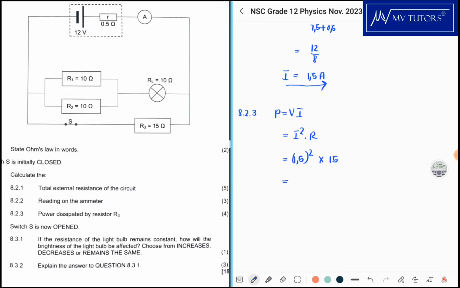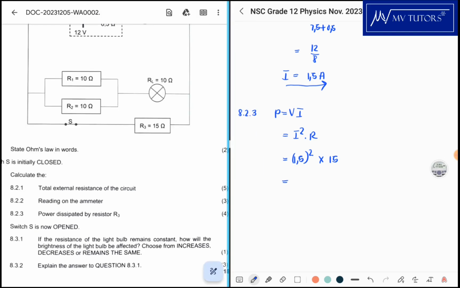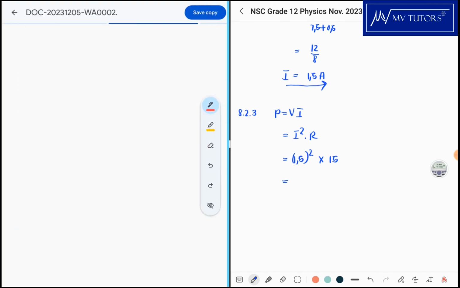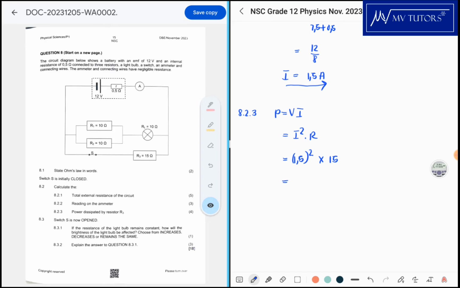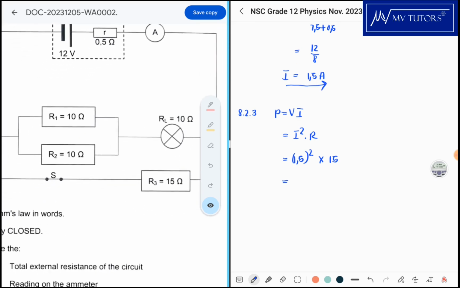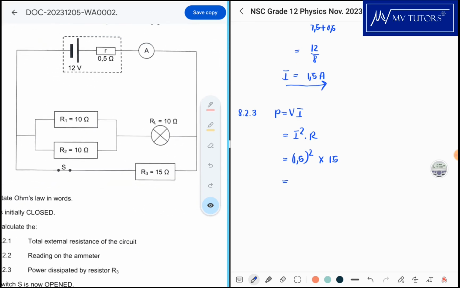wait. Before I make a mistake here, the current will divide. Okay, remember, ultimately we have, when we resolved this, if it's one resistor, we're going to just put it like that, and that's 15 ohm, and then we have another 15 ohm, right?